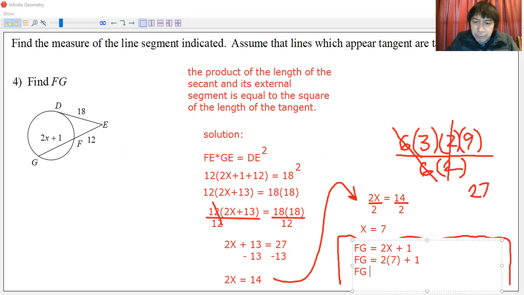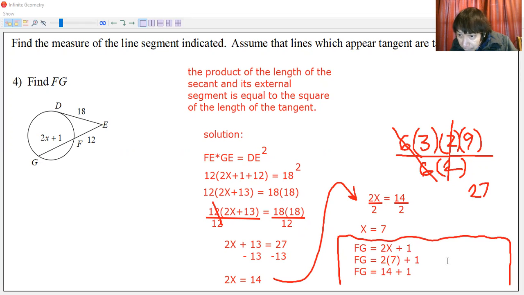14 plus 1 is 15. So this is 14 plus 1. FG is 15. Okay. All right. So we will write it over here. FG is 15. There. Okay.